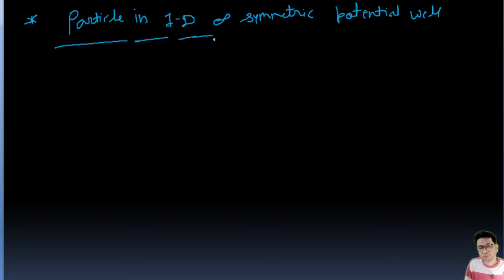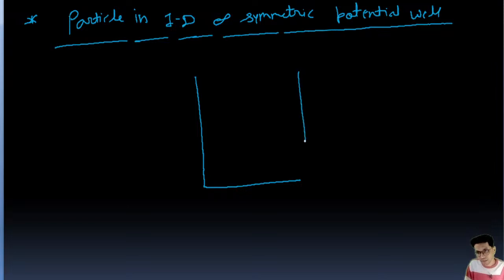So a particle in a 1D infinite symmetric potential well. If it is in a symmetric potential well, symmetric potential well means like this. I'll make a diagram.